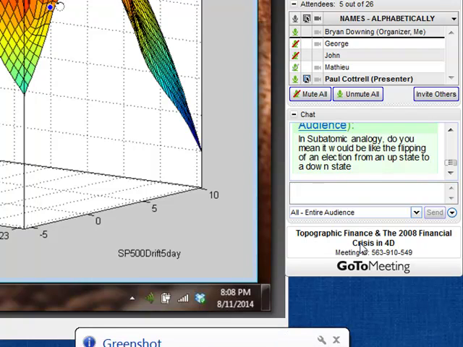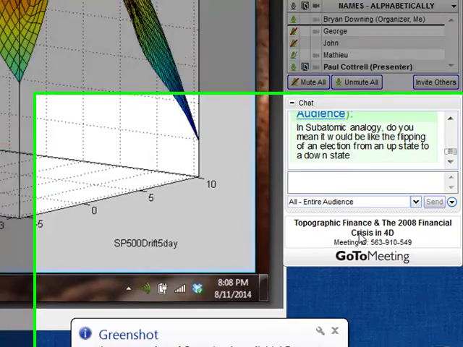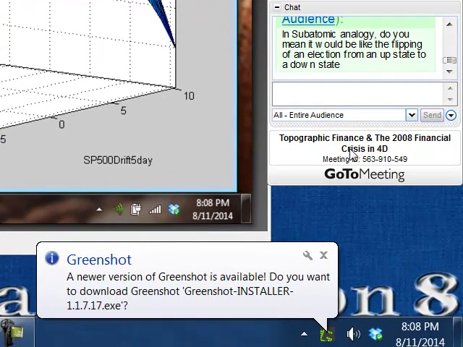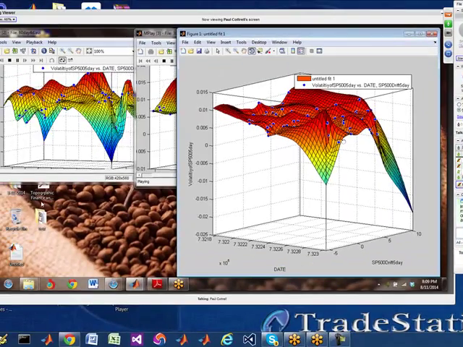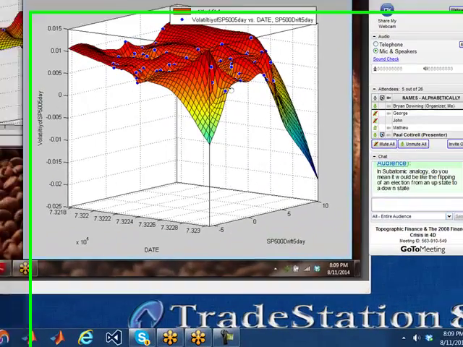When my probability distribution says that the drift parameter is going positive, then I'm going to execute a trade when the volatility starts to go down. That's one way to do it. There are other ways, but that's one way. We got another question.